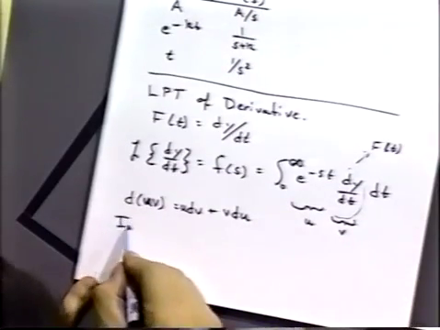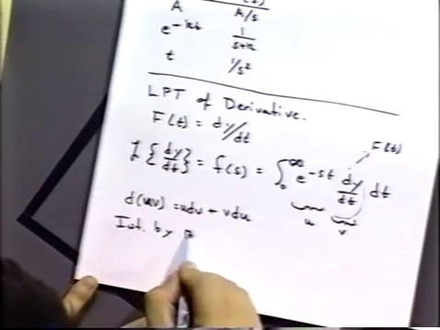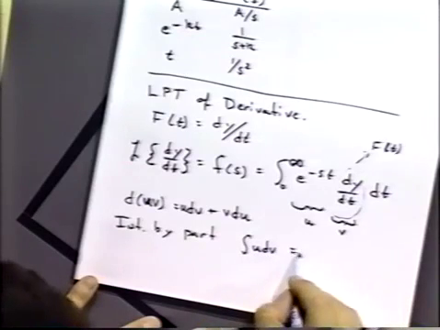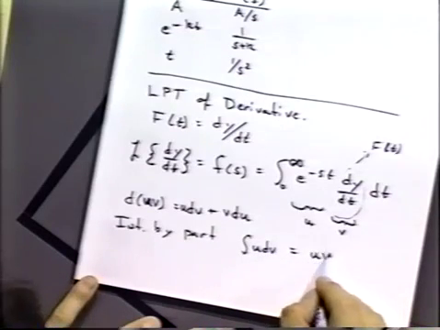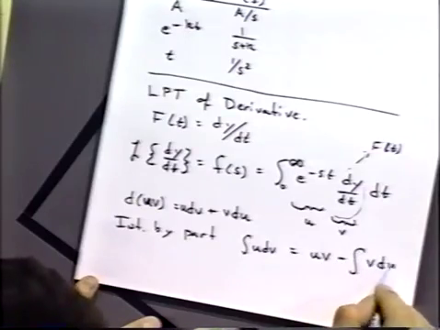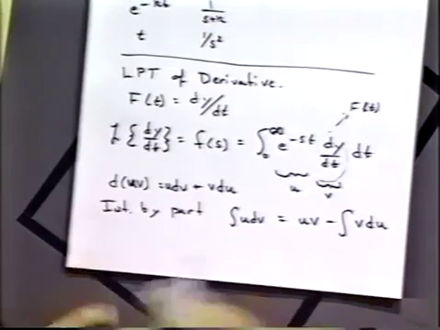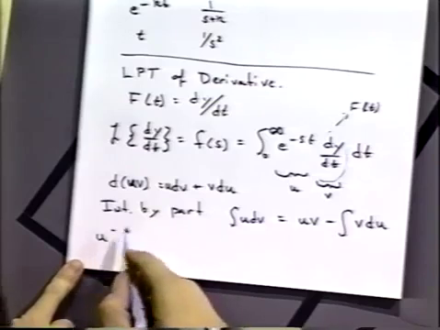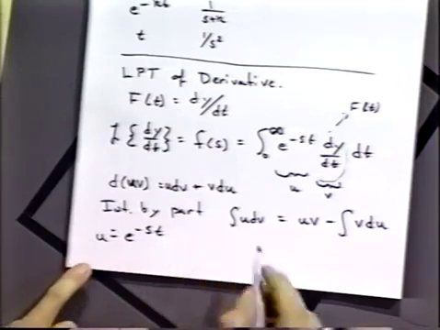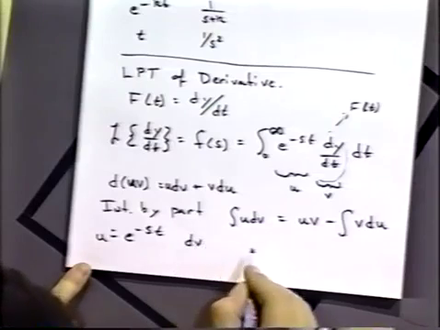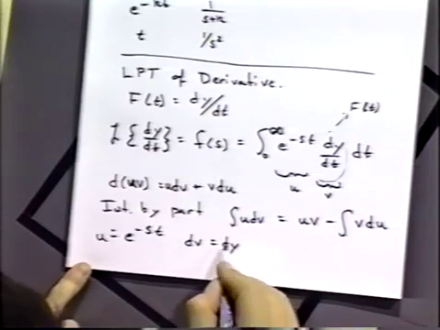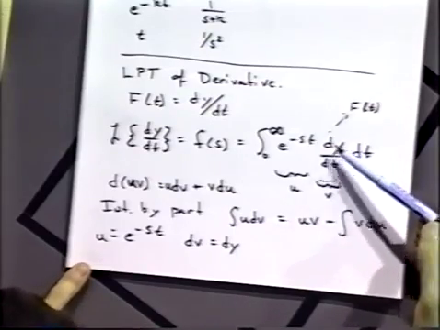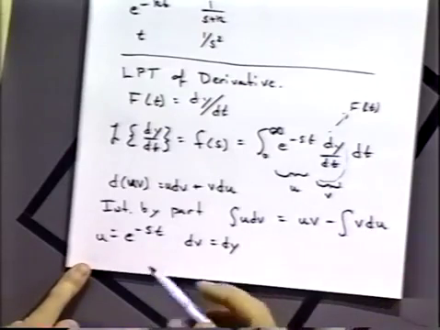The formula for integrating by parts is that the integral of u dv is equal to uv minus the integral of v du. Our u part is equal to e to the minus st, and our dv part is just dy, because we've already got this as v.